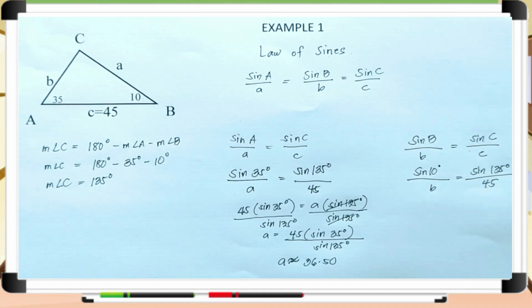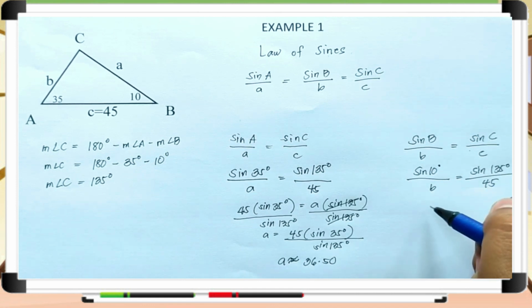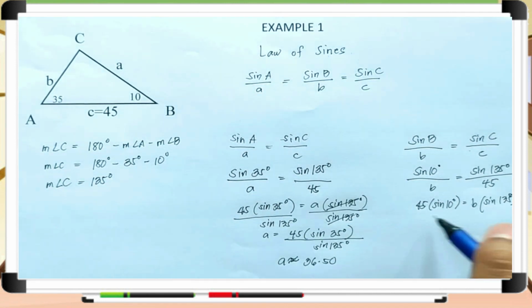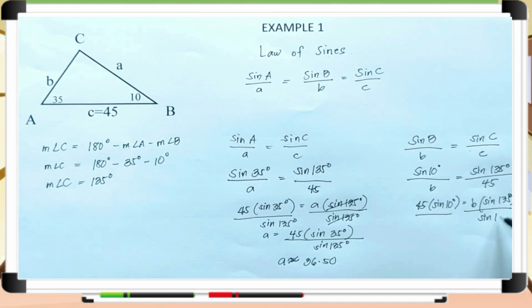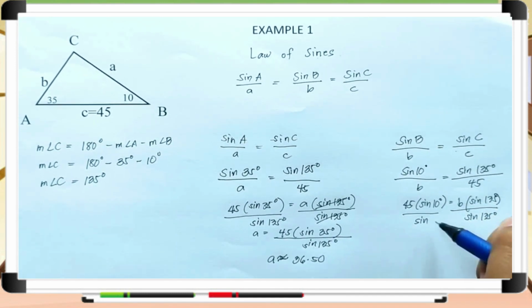So let's cross multiply. We have now 45 times sine 10 degrees is equal to B times sine 135 degrees. Divide both sides by sine 135.